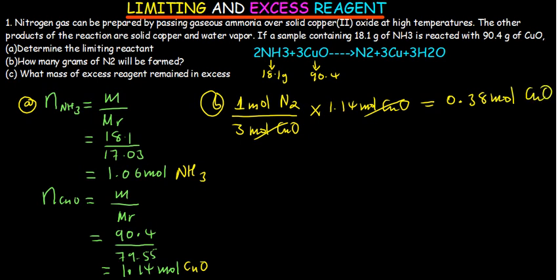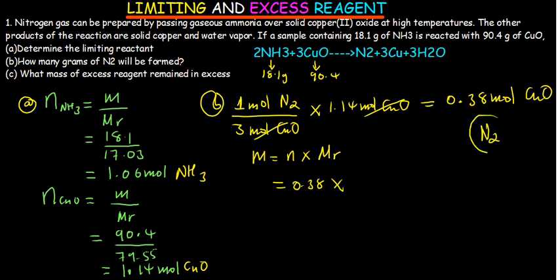Now that we've determined the moles of nitrogen, let's determine the mass, because the question is asking how many grams. So we know that mass is given by number of moles multiplied by the molar mass. In this case, the number of moles is 0.38 times the molar mass. Well, we've got a nitrogen molecule.